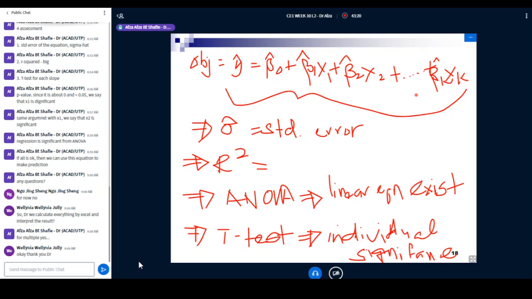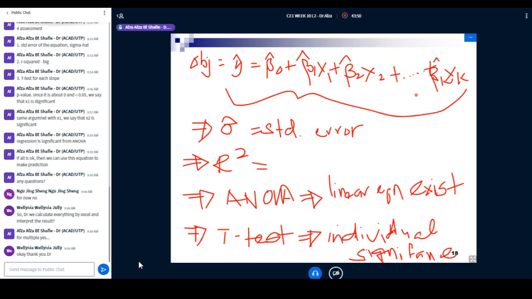Maybe out of the 10, only x1 to x6 and x9 are important, and 7, 8, and 10 are not important in that particular relationship. So we can remove those. The whole idea is to get the best one that fits the data for the relationship we are trying to get.